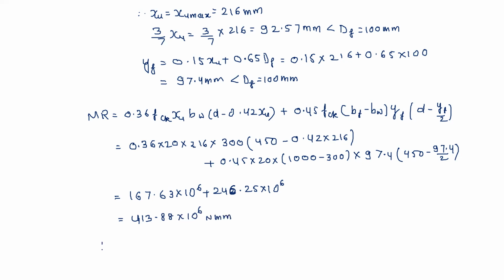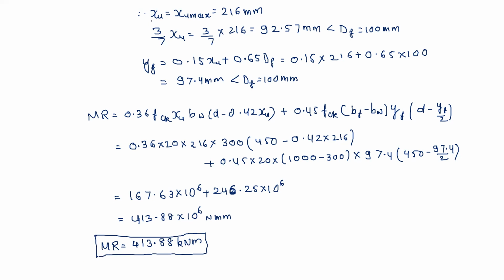And from this we will get value of MR equal to 413.88 kilonewton meter. So likewise, we have to solve problems of flanged section.